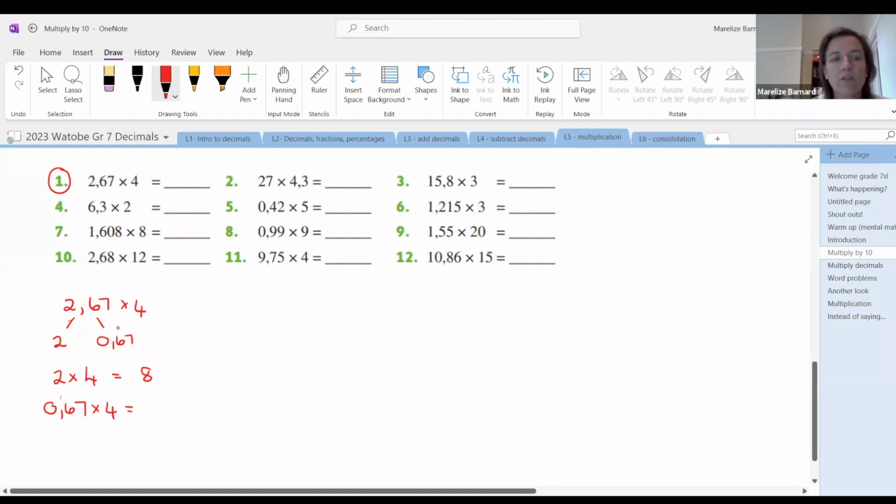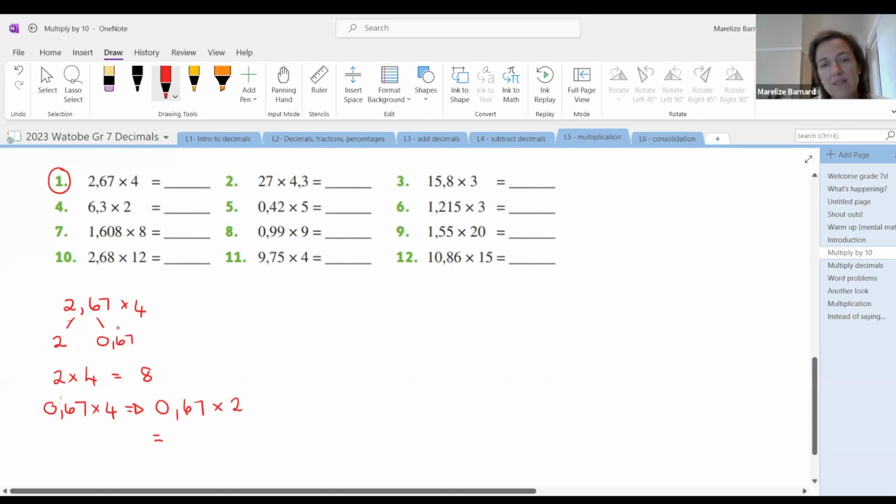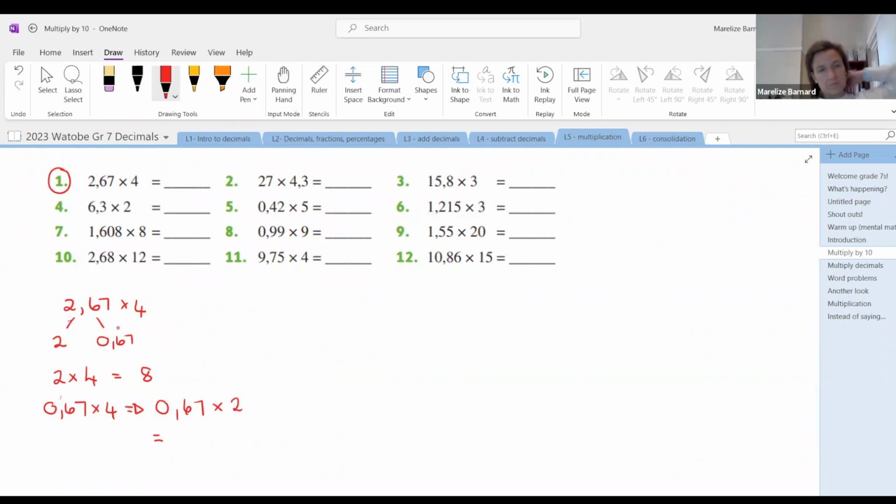Now we can think of 0,67. If I take 0,67 and I times it by 2 just to start off with, then what do I get? 0,67 just timesing that by 2, that gives me 0,6 times by 2 is 1,2, and then 0,07 times by 2 is 0,14.